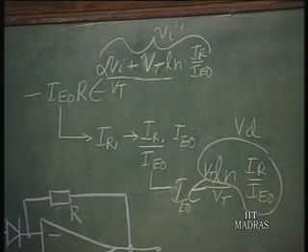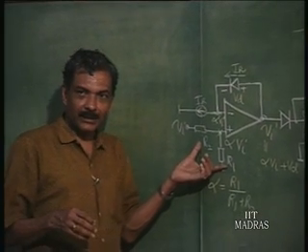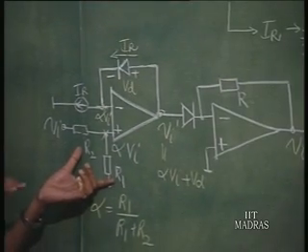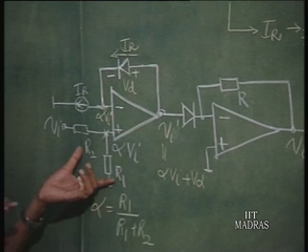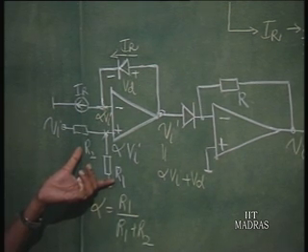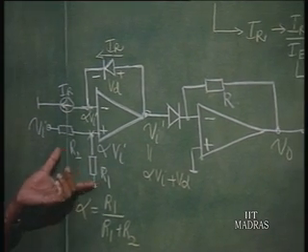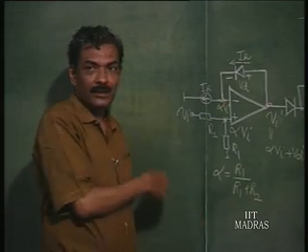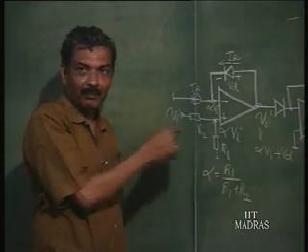Just as in the other case, we can make Vt by alpha independent of temperature by selecting a thermistor resistance in the R1 R2 network, so that over the range of temperature desired, the thermistor in combination with Vt will give zero variation in temperature. That is an approximation only. That kind of arrangement gives you a data expander which is temperature compensated.